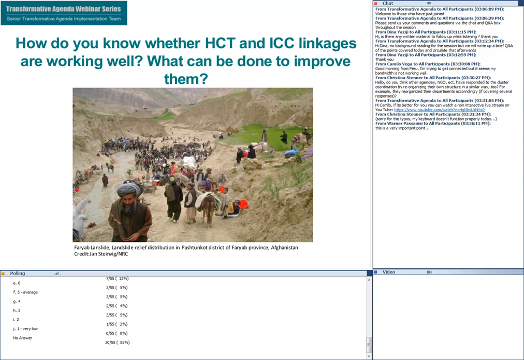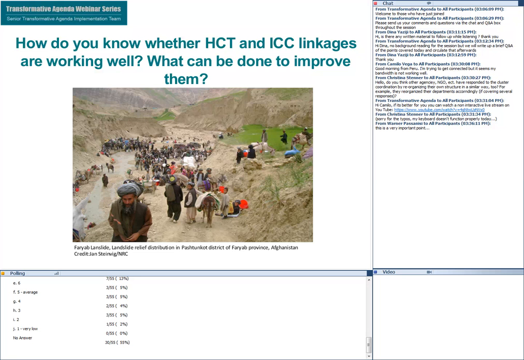If we're looking at the principle of a needs-based approach, if we're looking at improved accountability to the communities we're here to serve, the closer we are in the field to the people we're here to serve, obviously that is going to make for a much more strengthened response.